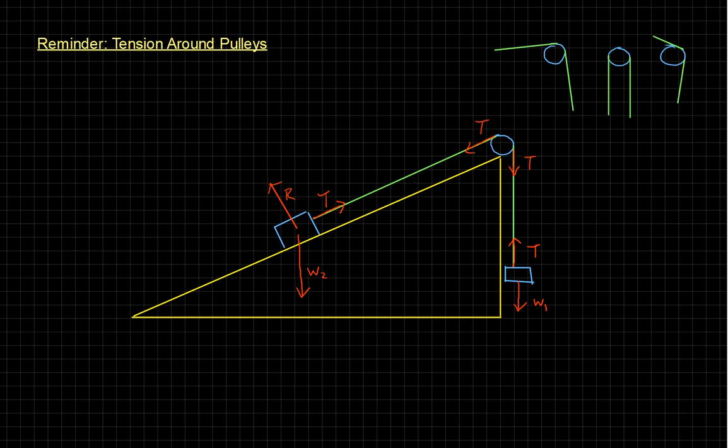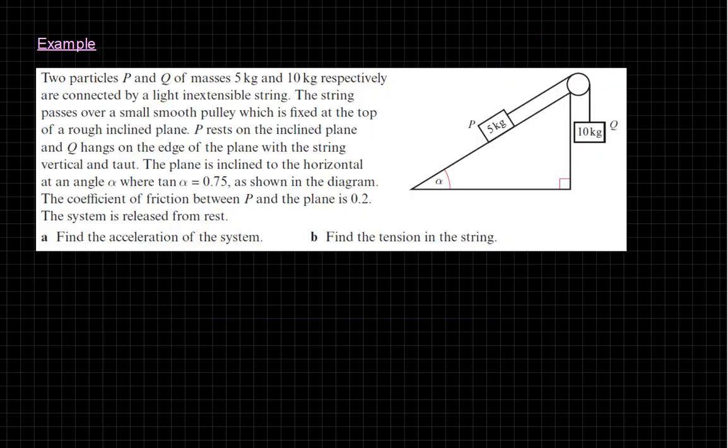As long as the pulley is smooth, you're going to have tension, T, going along the string and away from the pulley, like this. Okay, so these are three separate cases I'm drawing out here. So that's just to remind you that the tension of the string around a pulley looks like this. Okay. Cool. All right. So let's look at an example.